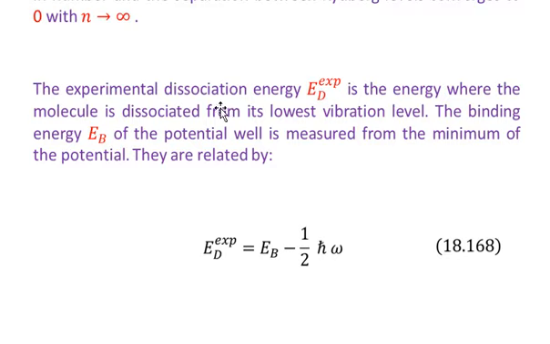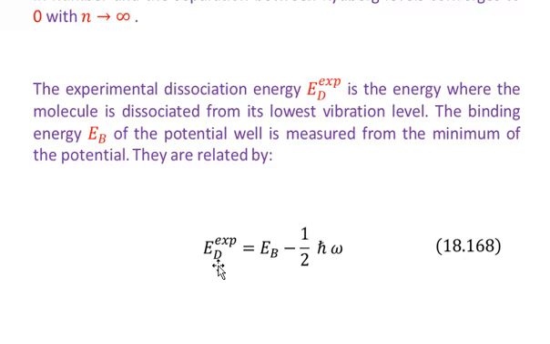The difference between them is really very small, and it is equal to the minimum vibrational energy, which is given below. That is, ED experimental is equal to the binding energy minus half h bar omega.